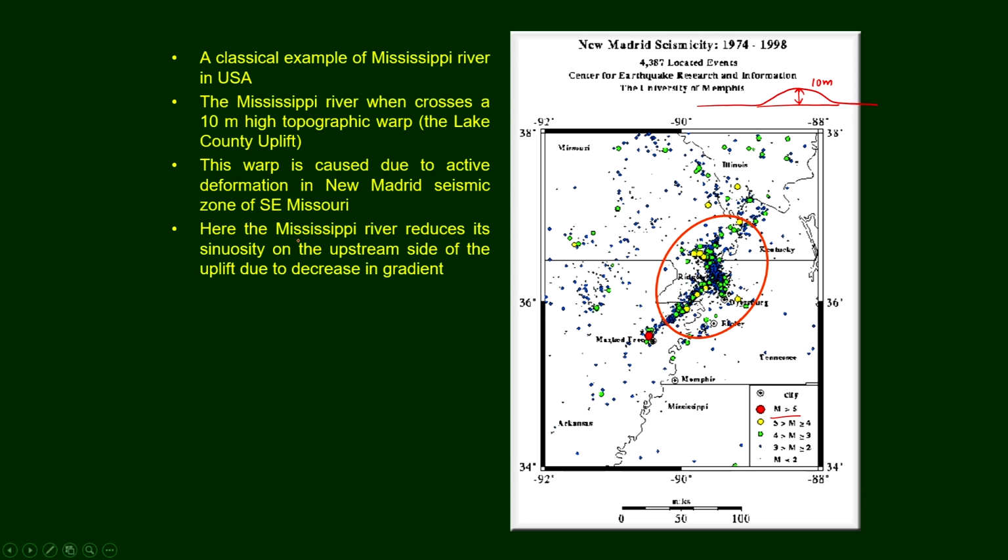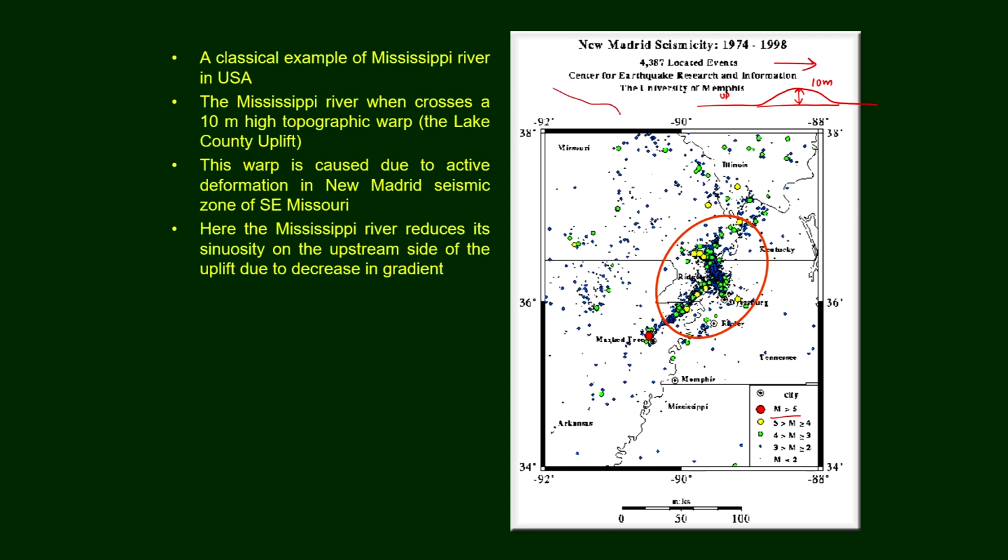I have a sketch here. Suppose this is the flow direction, then this is the upstream area. The Mississippi River reduces its sinuosity on the upstream side of the uplift due to a decrease in gradient.